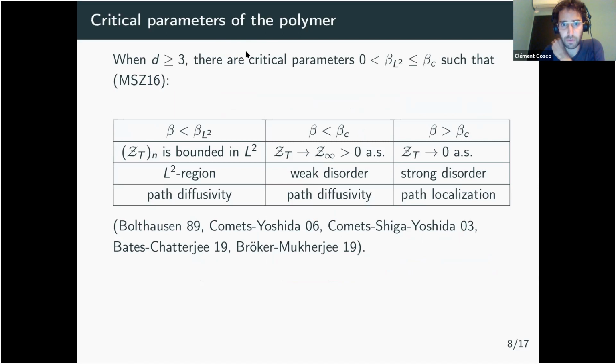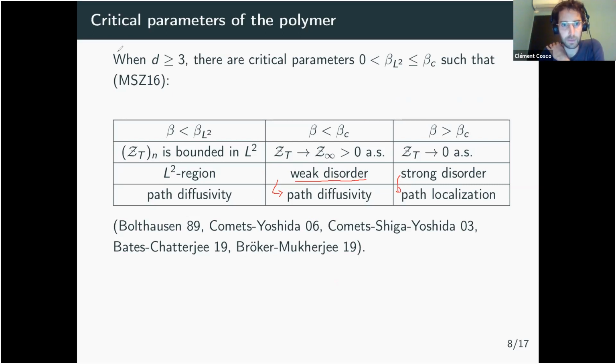These regions have importance in terms of polymers because in the whole weak disorder region, you can show that under the polymer measure, the path stays diffusive. Whereas when you are in the strong disorder region, so when beta is very big, the noise plays a more important role, and your path will actually localize in very small parts of the white noise because it will be really attracted to where the white noise takes big values.